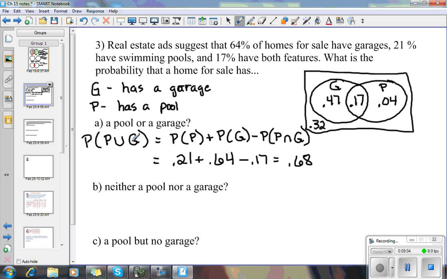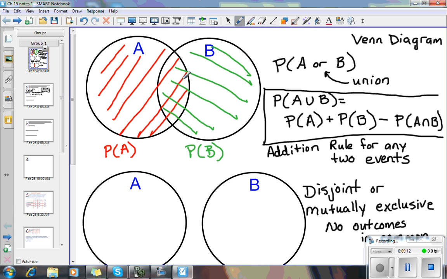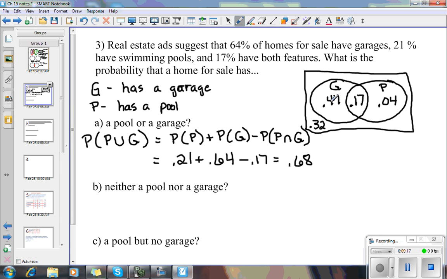Now, remember, picture-wise, when we said the probability of a pool or a garage, if you look back at our notes here, it was these three things added together. So now look here, if you see 0.47 plus 0.17 plus 0.04, you'll see that you actually do get that 0.68.